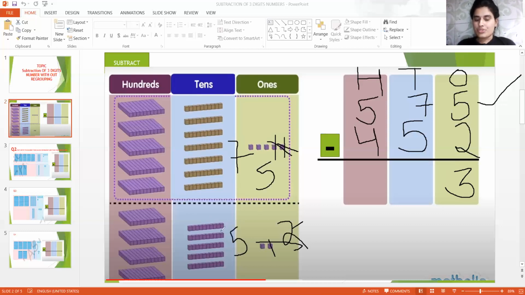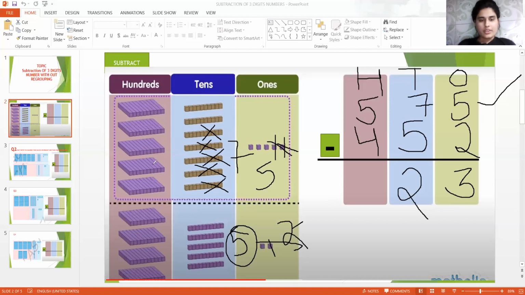We have to subtract these 5 rods from the upper rows, like 1, 2, 3, 4, and then 5. How many rows left? Only 2.